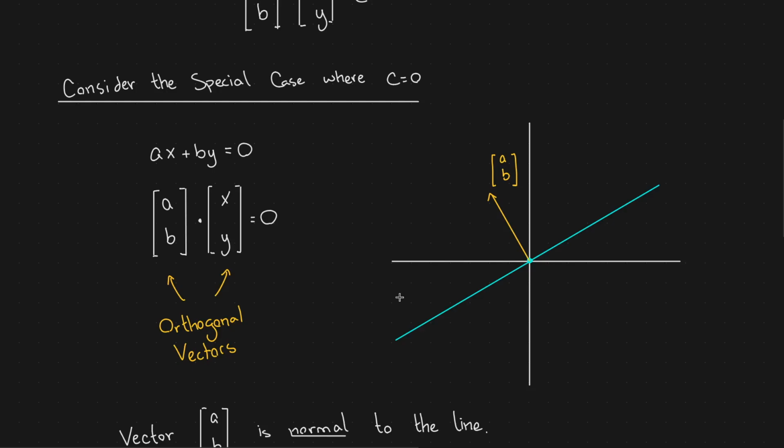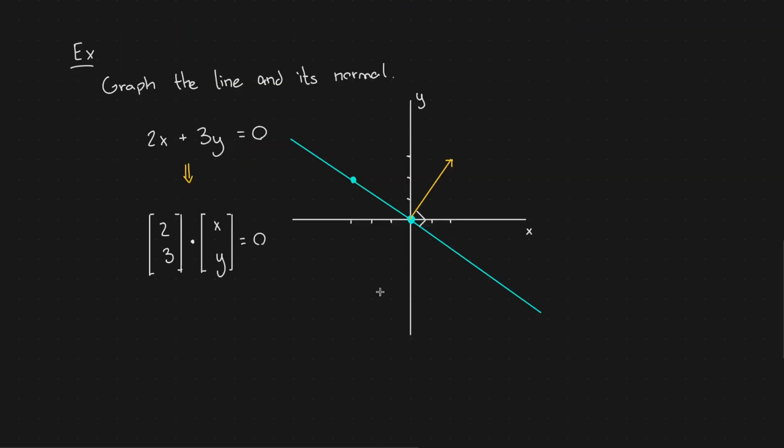What if the line doesn't go through the origin? What if it goes through some other point? Okay.